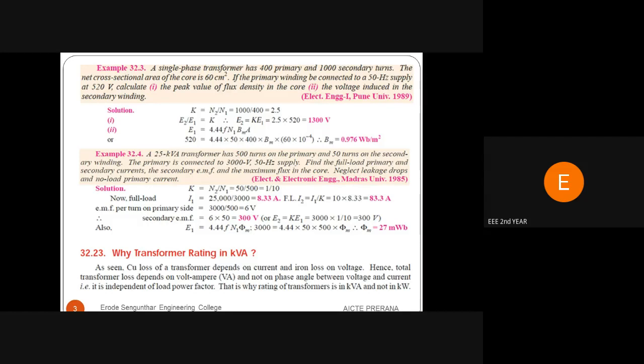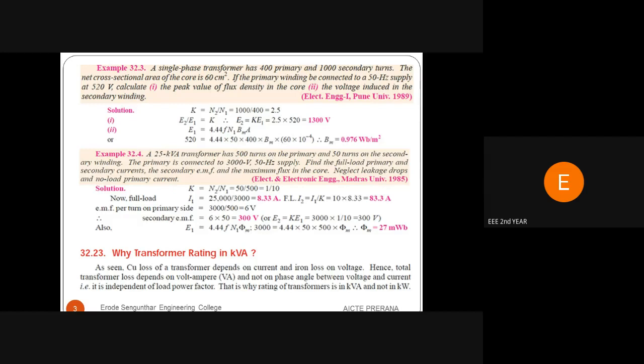So we already know the EMF equation of transformer: E1 equal to 4.44 frequency F flux phi m into N1 turns. That is the formula for the EMF equation of transformer in the primary winding. Similarly E2 equal to 4.44 frequency F flux phi m into N2, that is the induced EMF in the secondary winding.